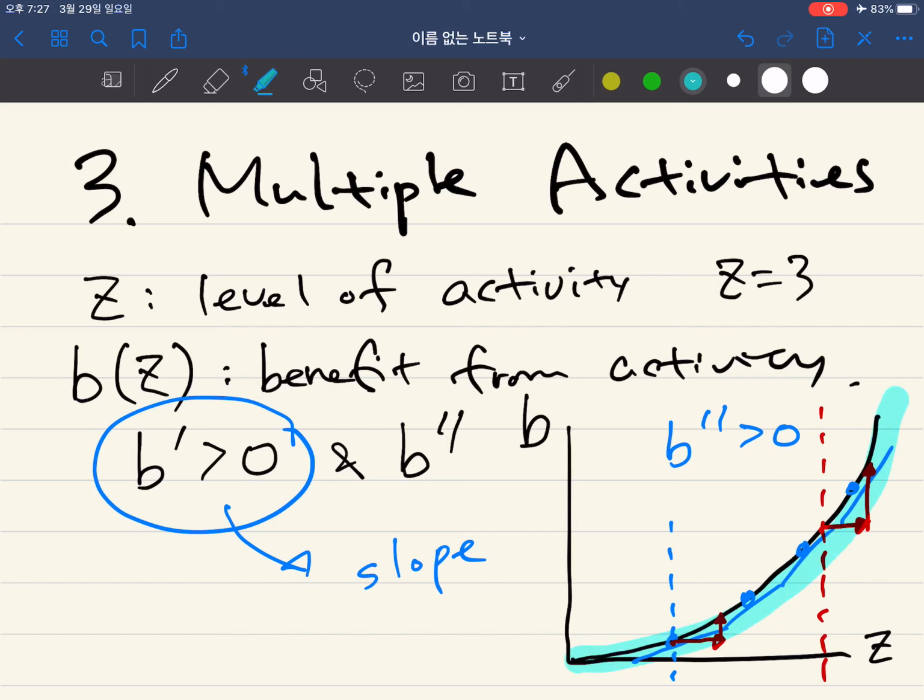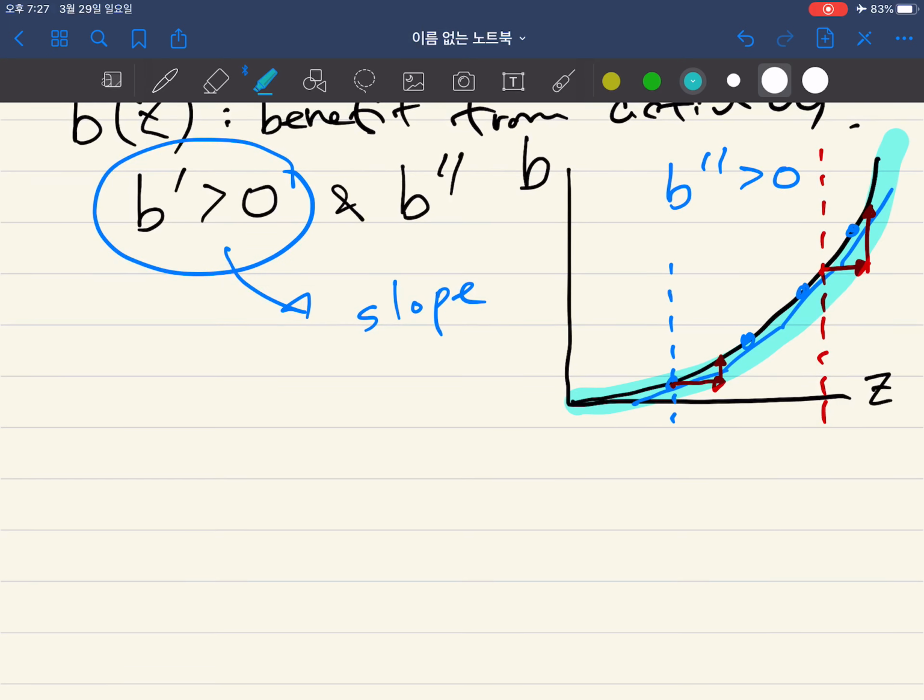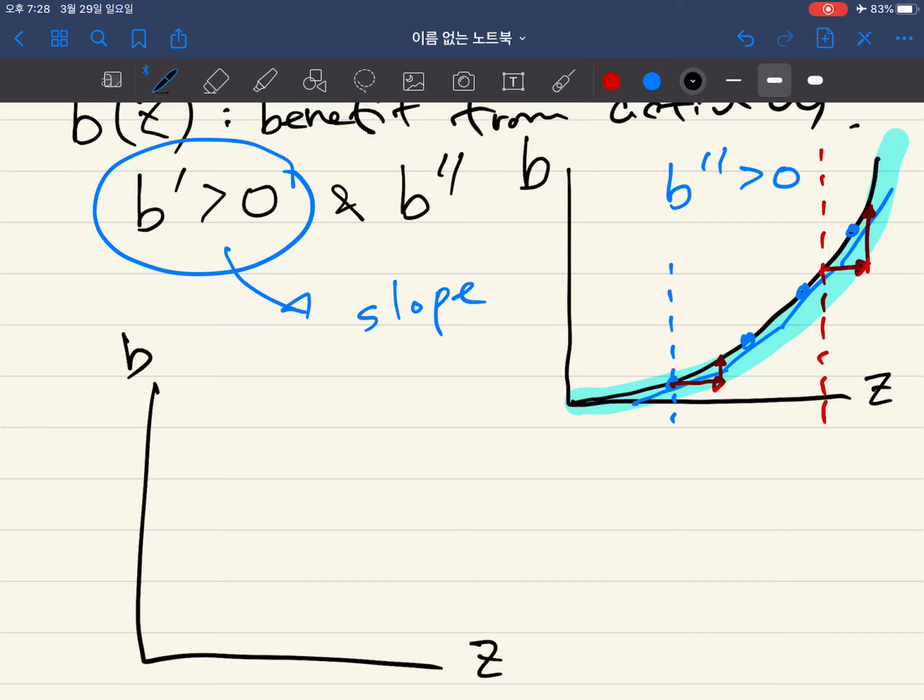So this kind of blue benefit curve doesn't seem to be realistic when we want to capture the benefit from your activity. So a more realistic graph is something like this. So what does it mean?